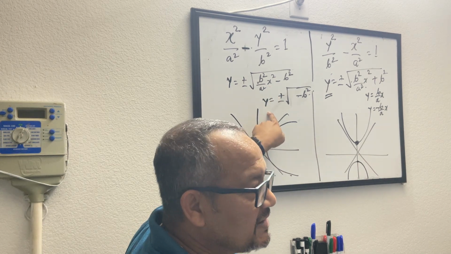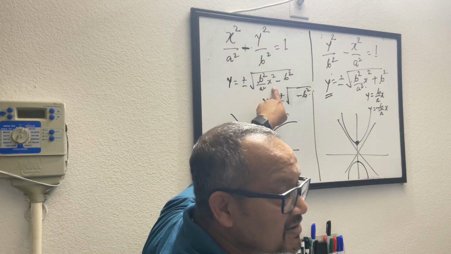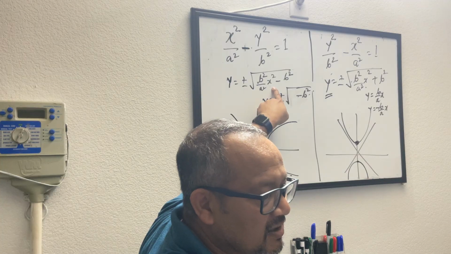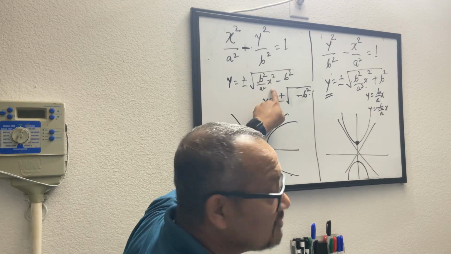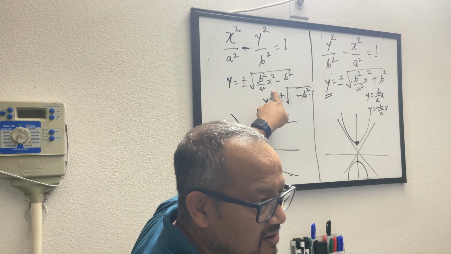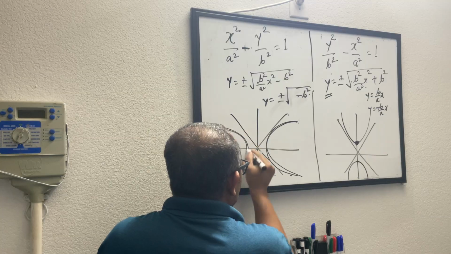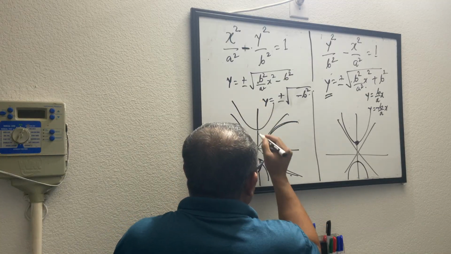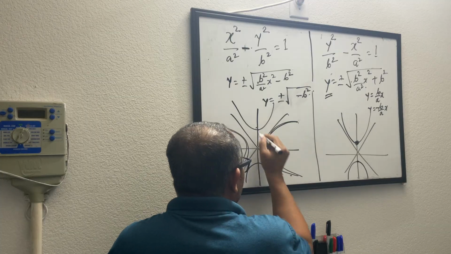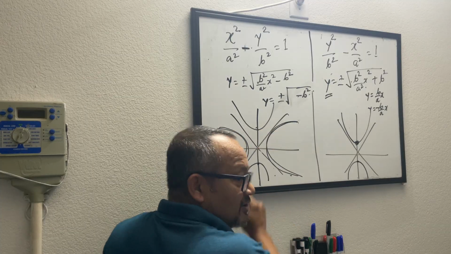That means there is not even a single point on the hyperbola where x is 0. And that means it has to be horizontally aligned, because if your hyperbola is vertically aligned, there will be at least one point here, one point here, which will cross the y-axis where you will have x value as 0.